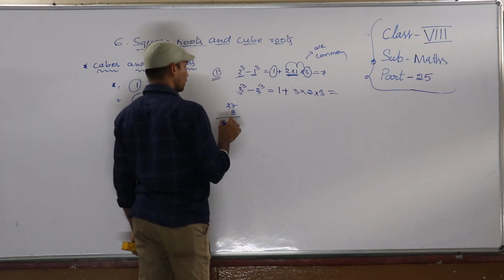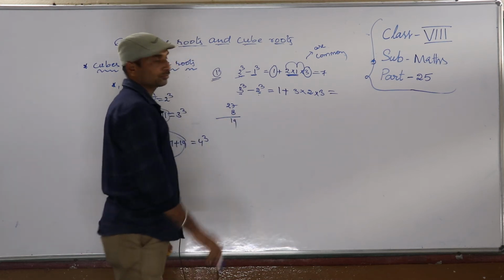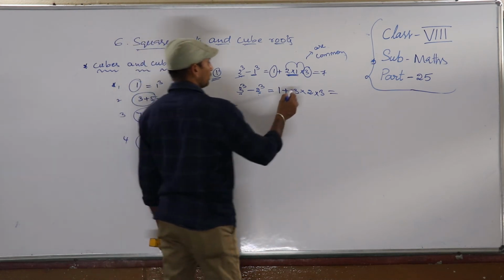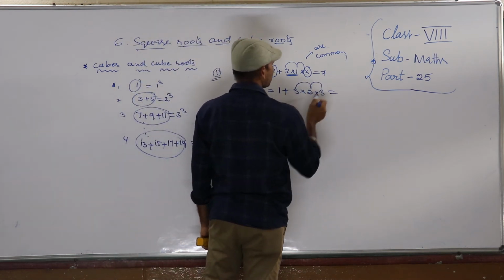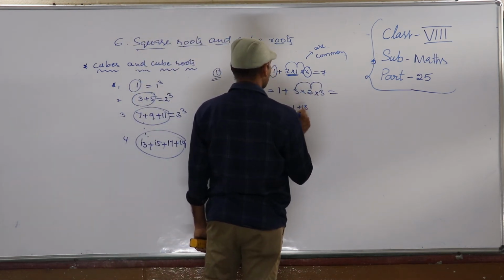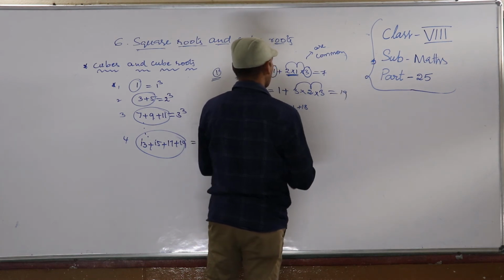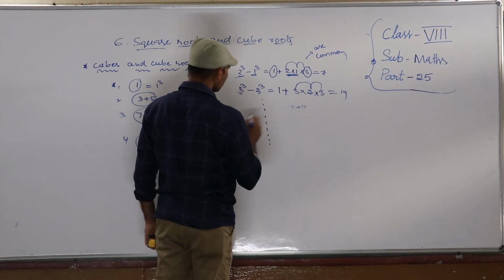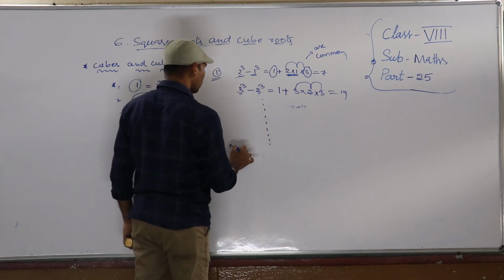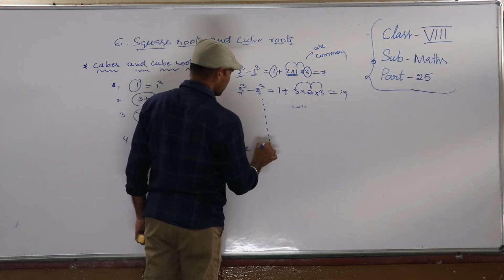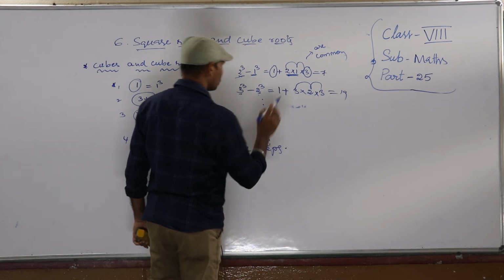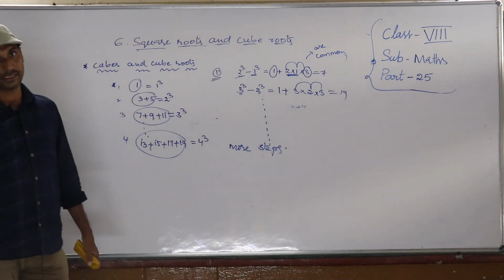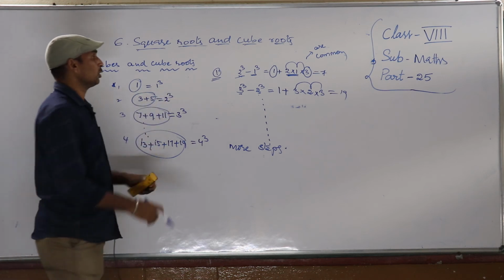How much? 19. Yes? 3 2s are 6, 6 3s are 18, plus 1, 19. Same, children, you can write more steps. So this is one more pattern.